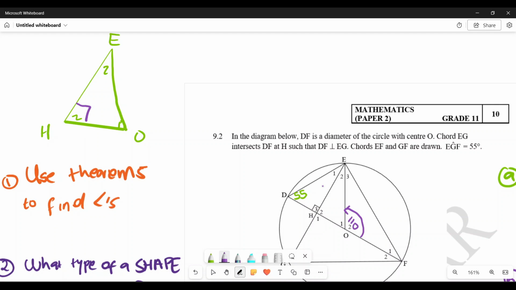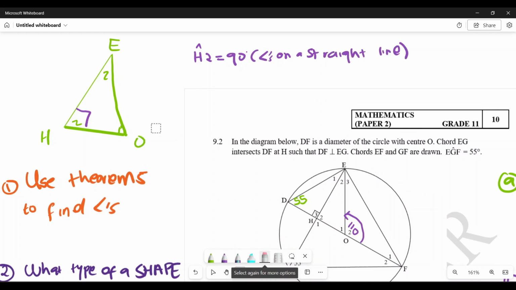And why? So my first point, I'm going to say H2 is going to be equal to 90 degrees, angles on a straight line. Because if you add H3 as well as H2, you should get 180 degrees. Angles on a straight line. Now, if H2 is equal to 90, can you find O1 now that you have O2?